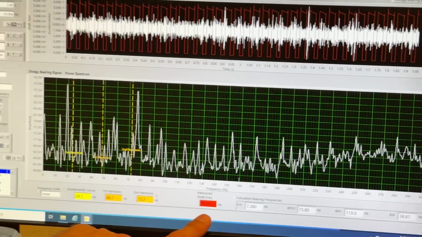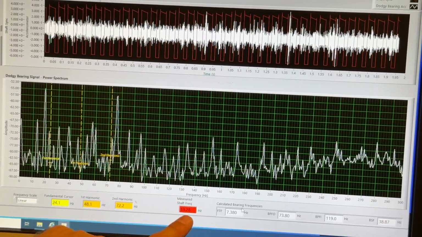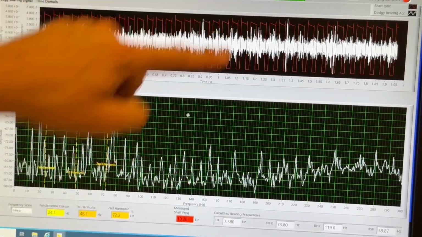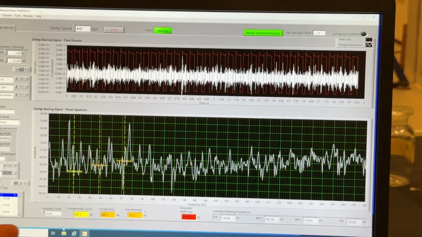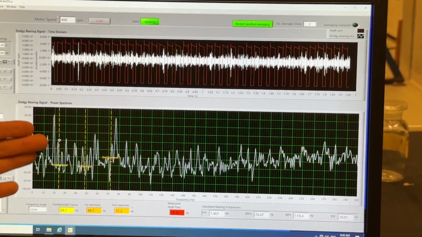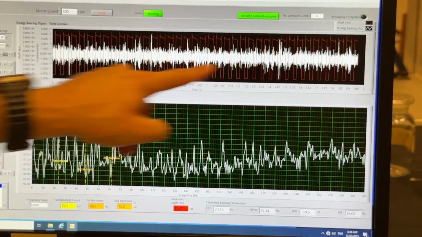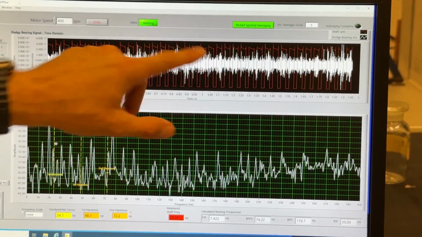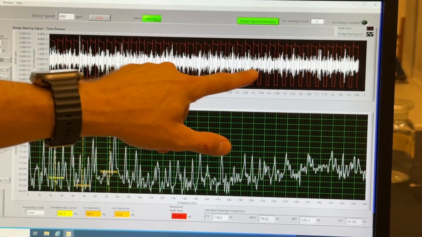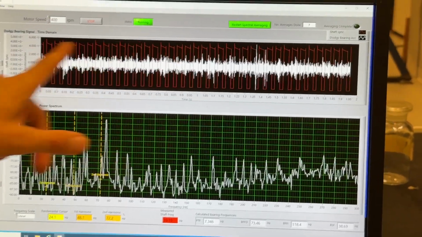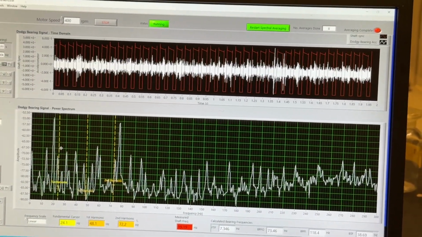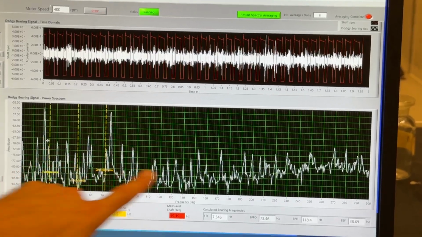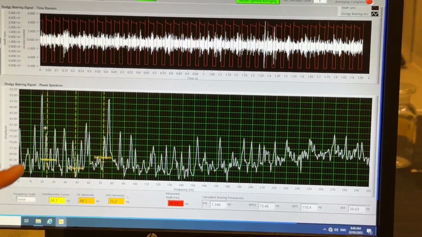This is our measured shaft frequency down here, which updates every time I restart the spectral averaging, so 19.5 hertz. This is the accelerometer signal, the white curve in time domain, and this is a very busy signal. There's lots of information in here, and in this signal information is included that relates to the damage on the bearing. This is a power spectrum from the same signal.